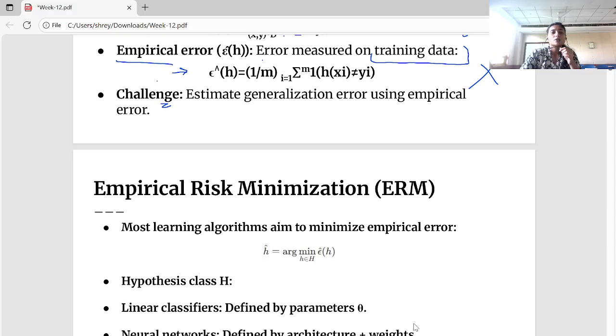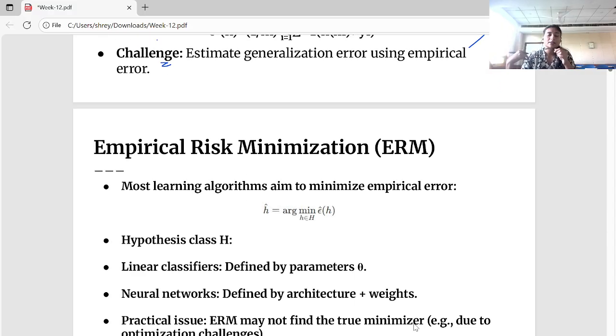Let's see this. To achieve this goal, we have the empirical risk minimization formulation. This empirical risk means this empirical error. Generally, we do optimization on this empirical error. Most of the learning algorithms which you have studied till now aim to minimize this empirical error. In linear regression, you have done the same thing.